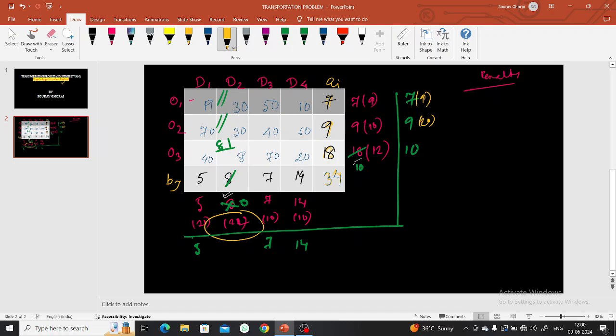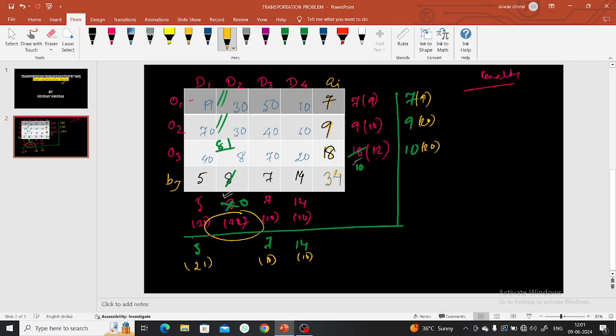Next 20 and 40, it will be 20. Now again the same 10. Then 50. 40, it will be 10 again, remaining the same, and this is 21.